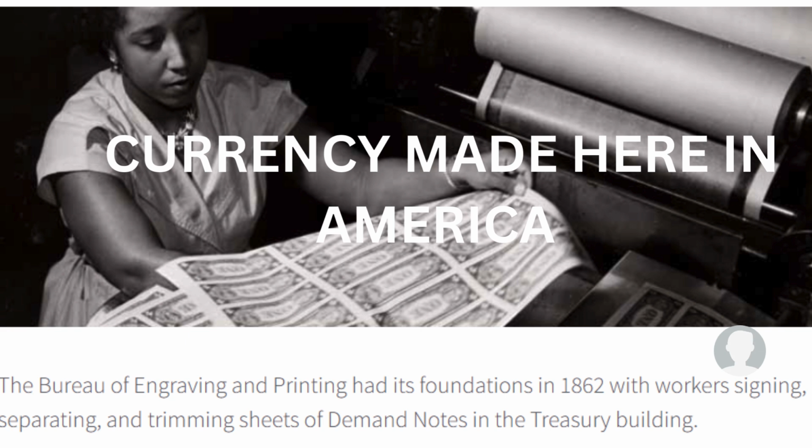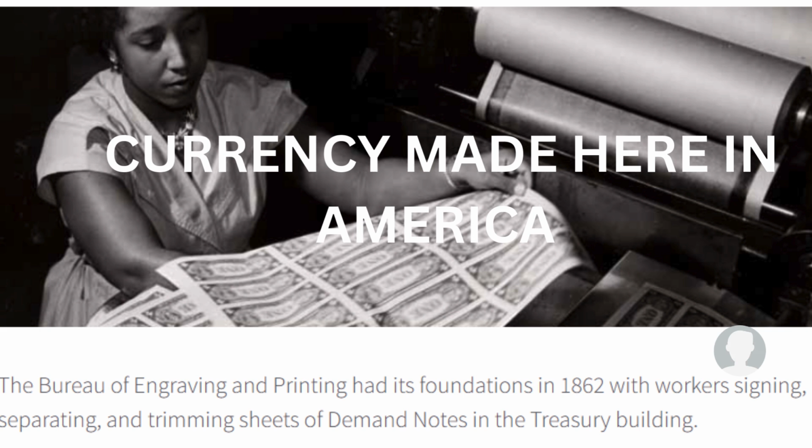Circulation. The currency flows nationwide from the Federal Reserve banks, circulating through the economy as banks distribute it to consumers and businesses. This process connects us all to the more extensive economic system.